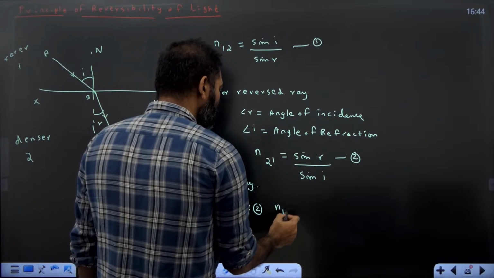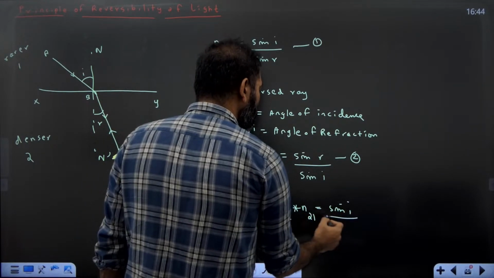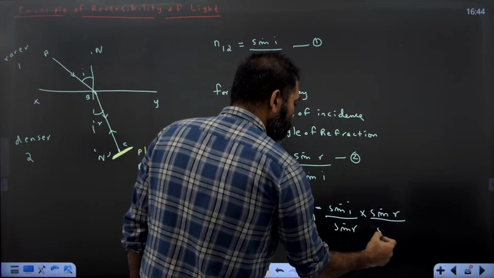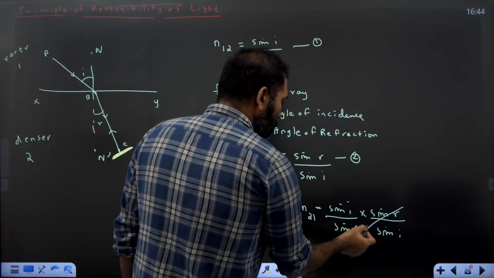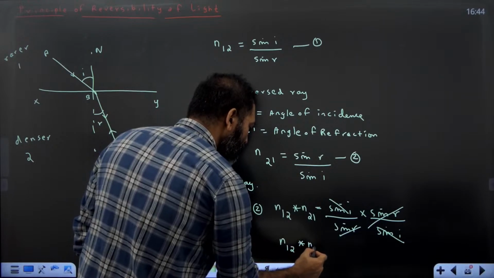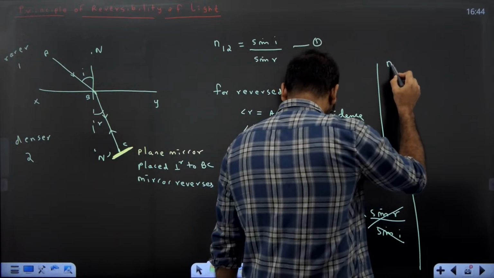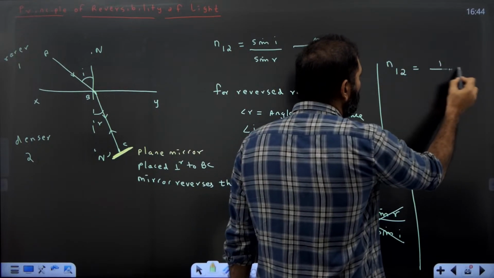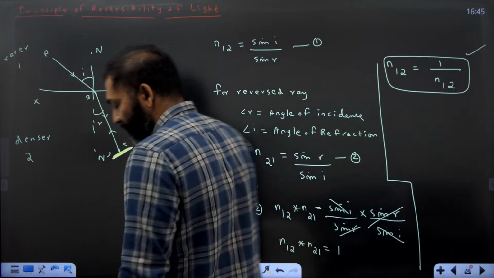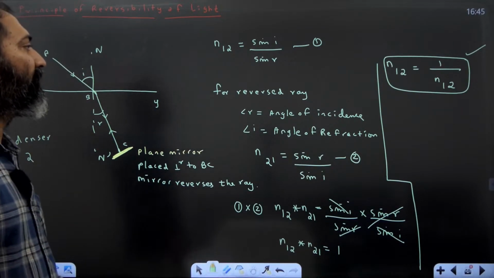So N12 into N21 is equal to sin I by sin R into sin R by sin I. So N12 into N21 is equal to 1, which means the refractive index of the first medium with respect to the second medium is equal to 1 by the refractive index of the second medium with respect to the first medium.